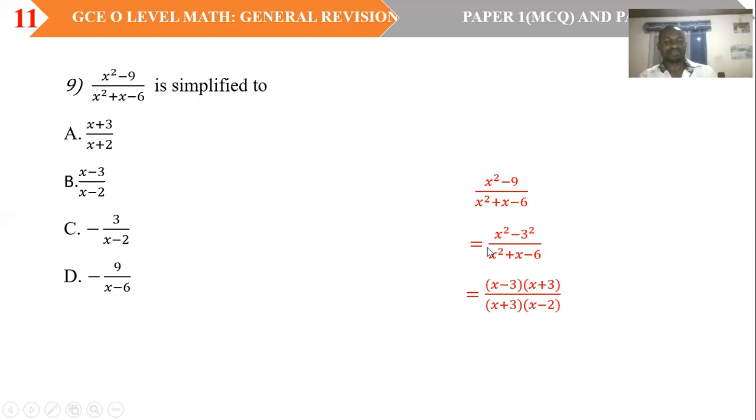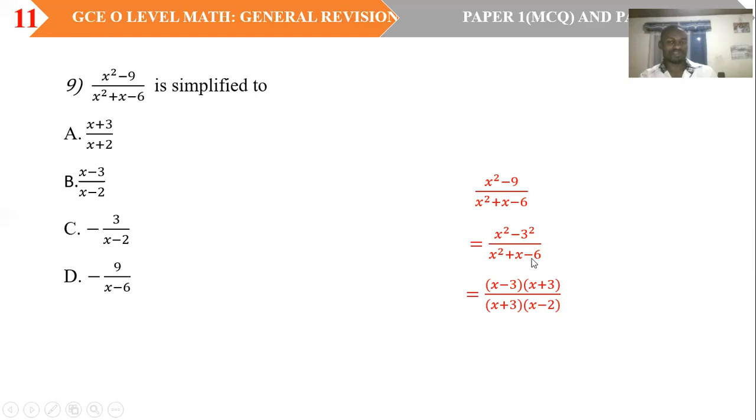And the denominator is a quadratic. And this type of quadratics are factorized by just finding the factors of the constant whose sum can give you the coefficient of x and whose product will give you that constant.